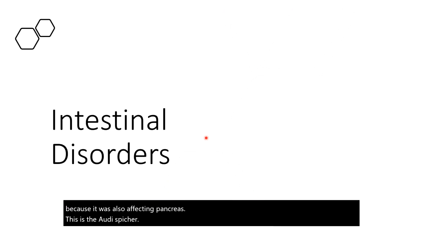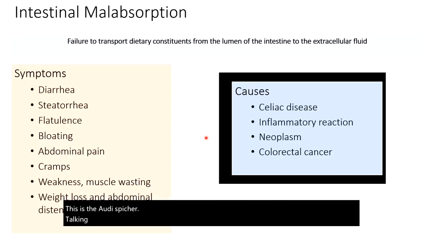Talking about intestinal disorders, we have one very common nowadays that's called intestinal malabsorption. It's characterized because in the lumen there's something that cannot be transported inside the intestinal cells.